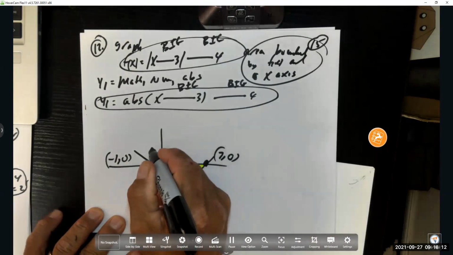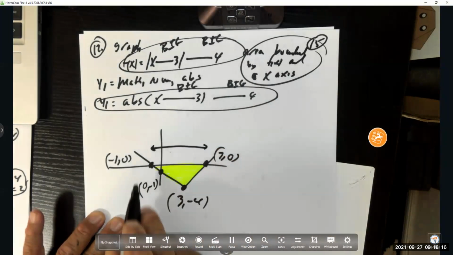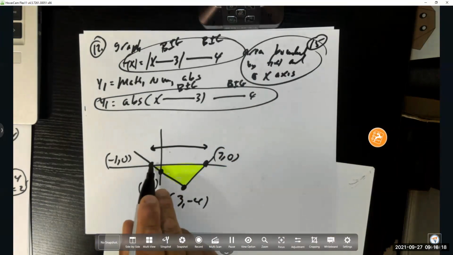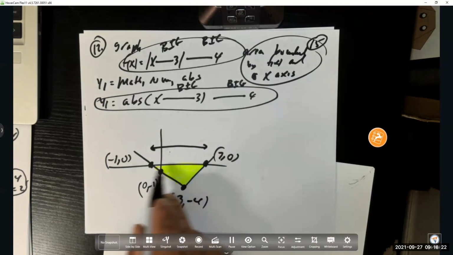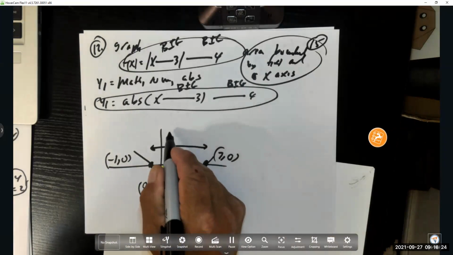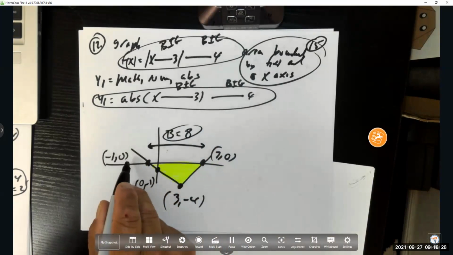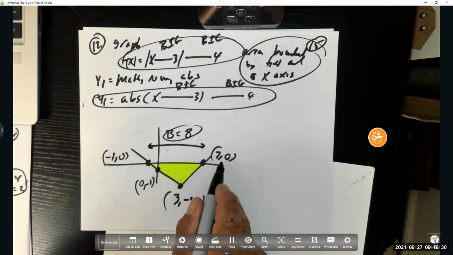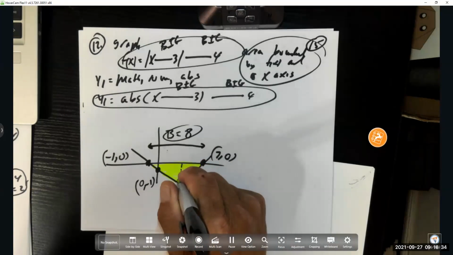What is the distance from this arrow to this arrow? If you start at -1, how many spaces do you have to go over to hit the 7? 8. So the base is going to be exactly 8, because you start 1 behind it plus another 7. Now the height is up and down.